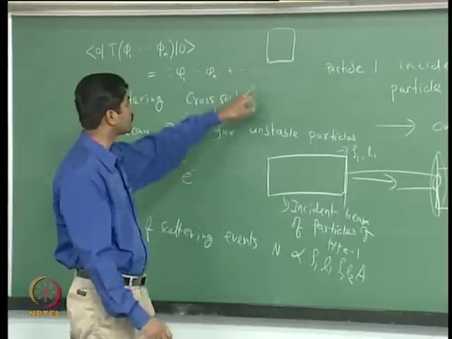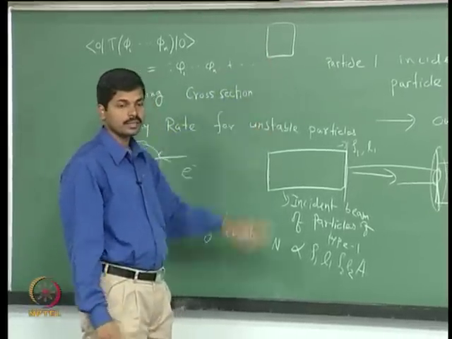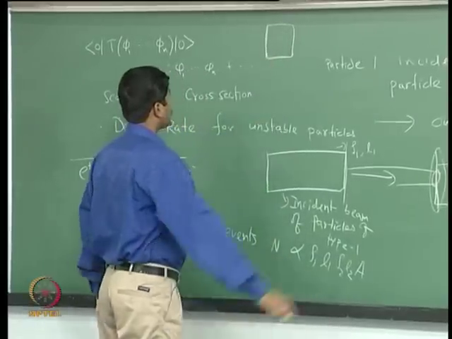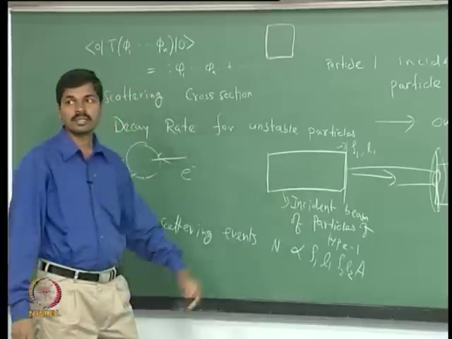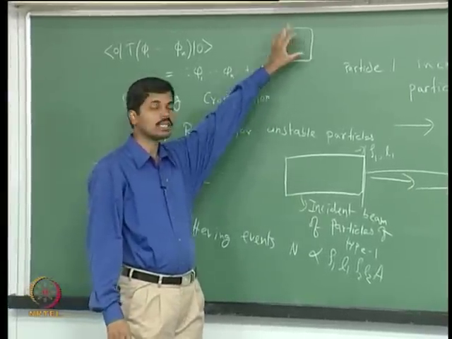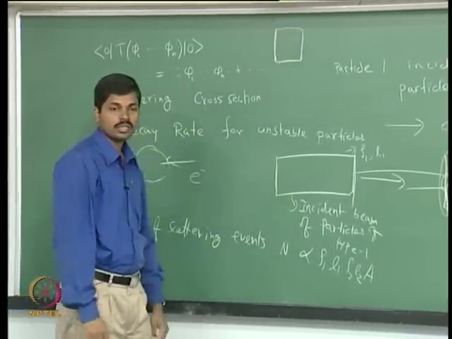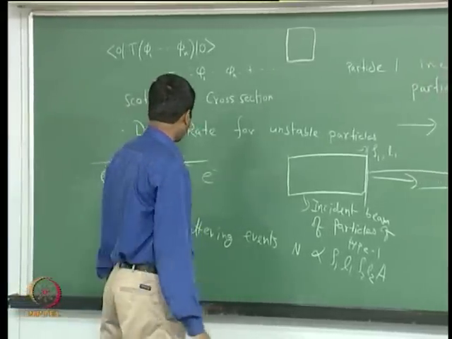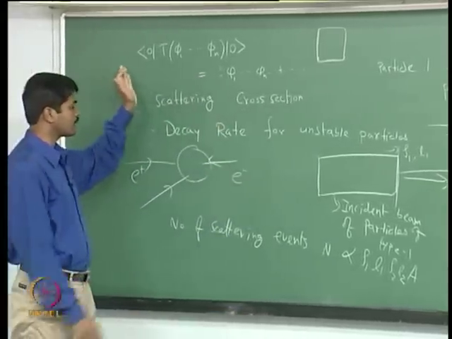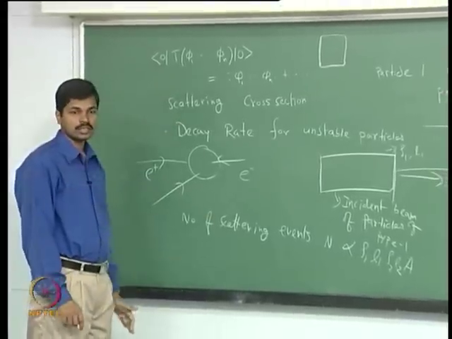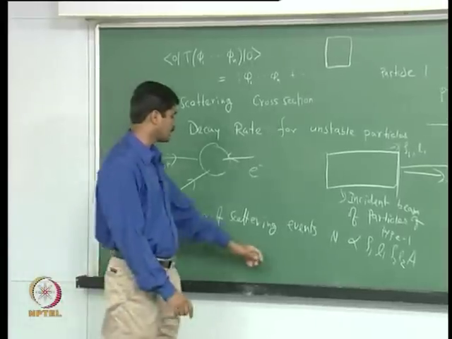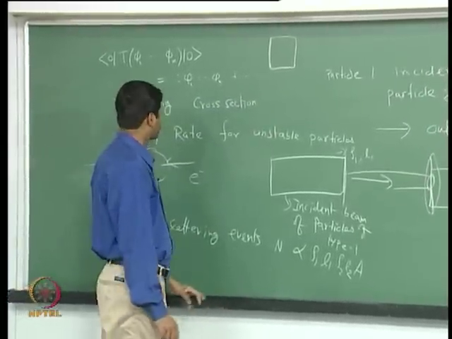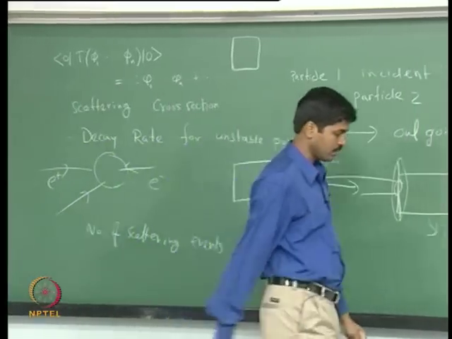So, the decay rate is basically defined by the number of particles decaying per unit time divided by the total number of particles contained in that system. That is what is going to give you the decay rate. So, in these lectures we will be discussing scattering cross sections and decay widths, decay rates. We will derive formulas for these quantities, and then we will see how we can apply them.